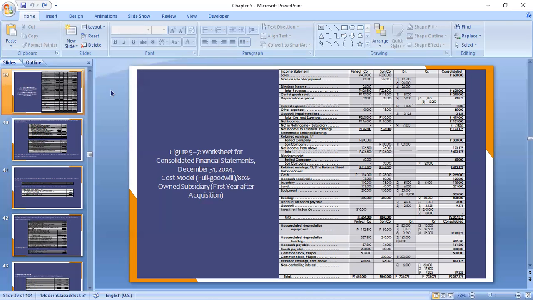Then after that, we have the balances like depreciation expense, 50,000 debit, that of the initial 50,000 of parent, and subsidiary 20,000. So the total is 70,000.